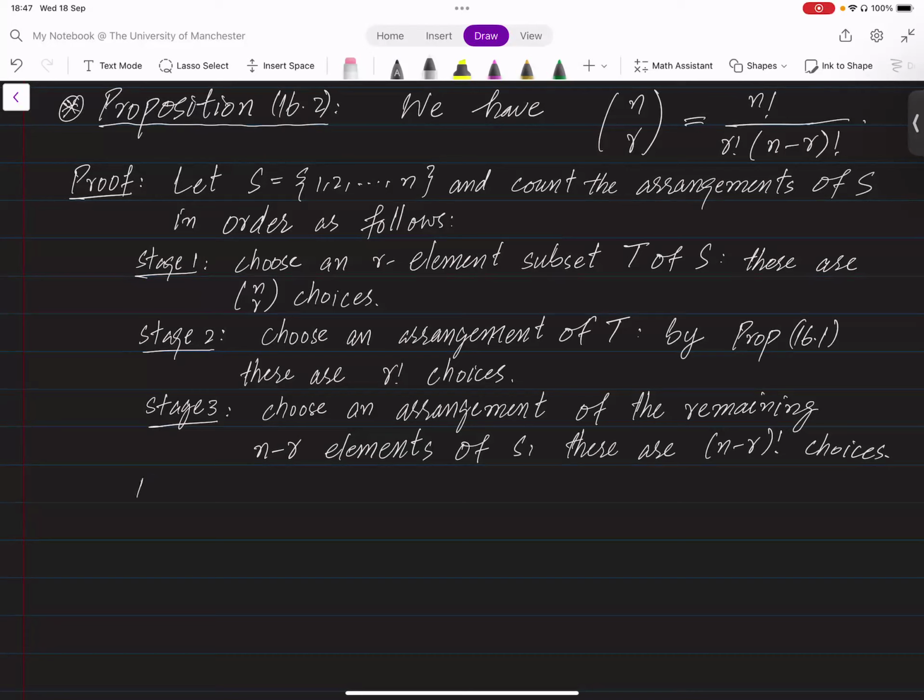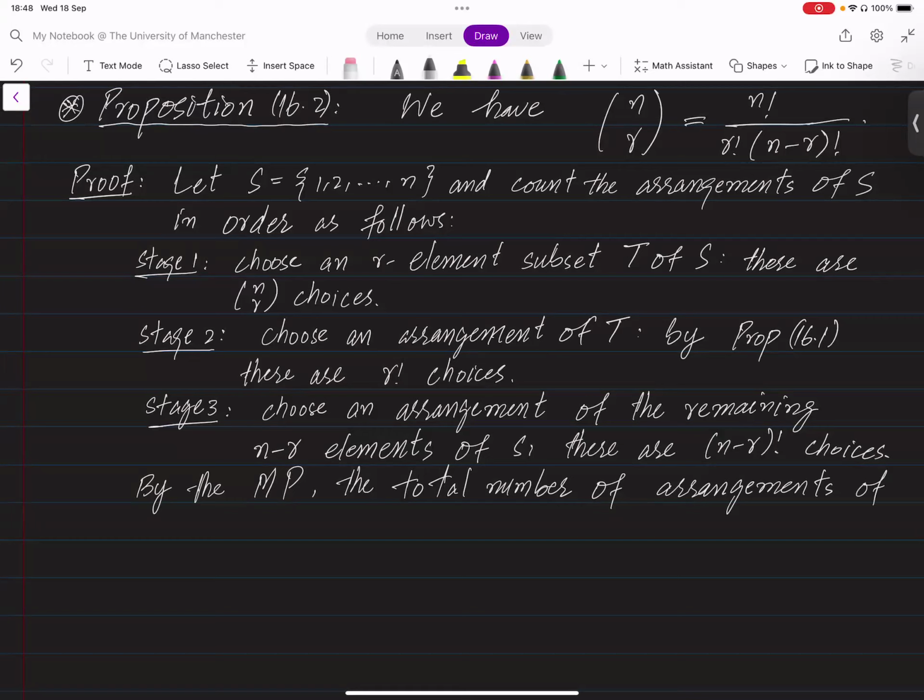Then by the multiplication principle, the total number of arrangements of the set S is equal to the product of these three numbers.